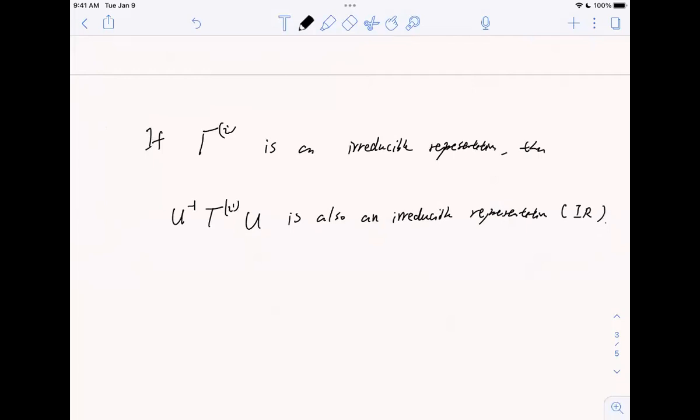This basically corresponds to a change of coordinates. When you change coordinates, the form of the matrix elements will change. But for us, we don't want to be bothered by different coordinates, so both are equivalent.